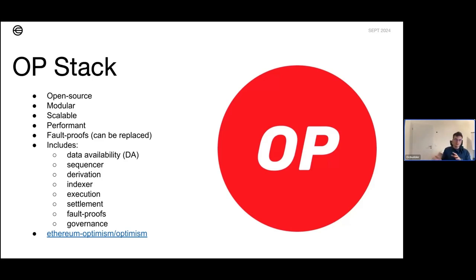So since you're settling a compressed amount of data and you're only having to challenge one computer computing, this makes it a lot cheaper to actually do that computation as opposed to having the entire Ethereum blockchain, every single node, work in unison to essentially verify a block. So the way that Ethereum works, or most blockchains work, is that there is this consensus algorithm where multiple computers on the network agree on the next block, they elect a leader, the leader proposes a new block, and that block essentially gets re-executed by everybody else in the network.